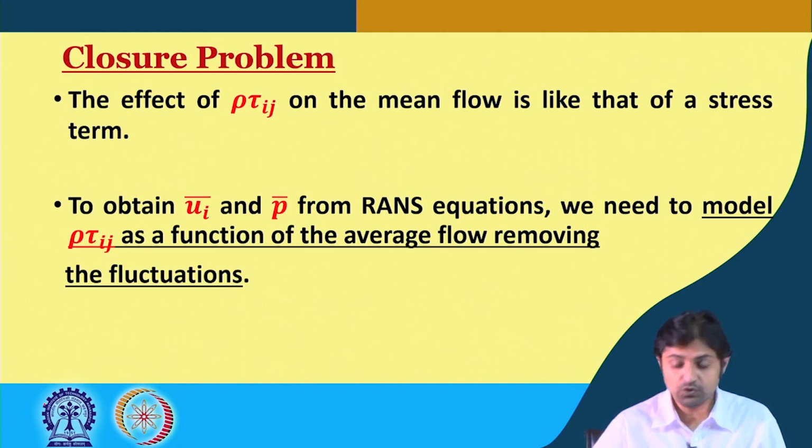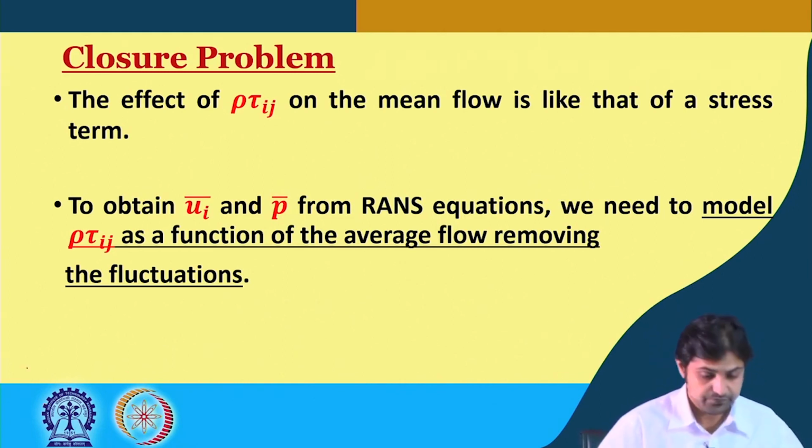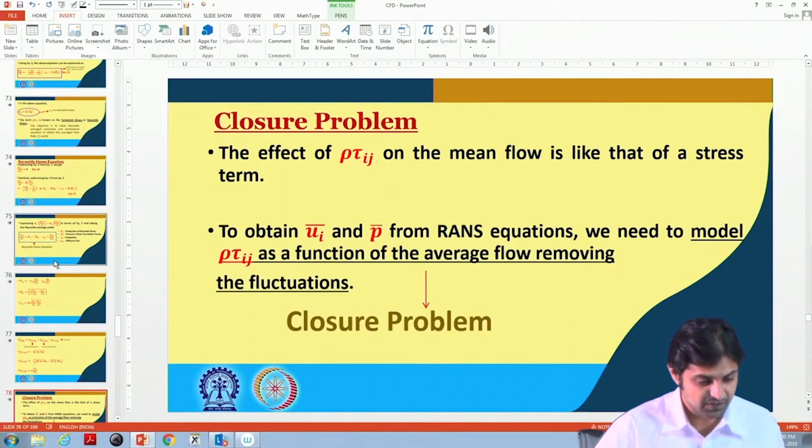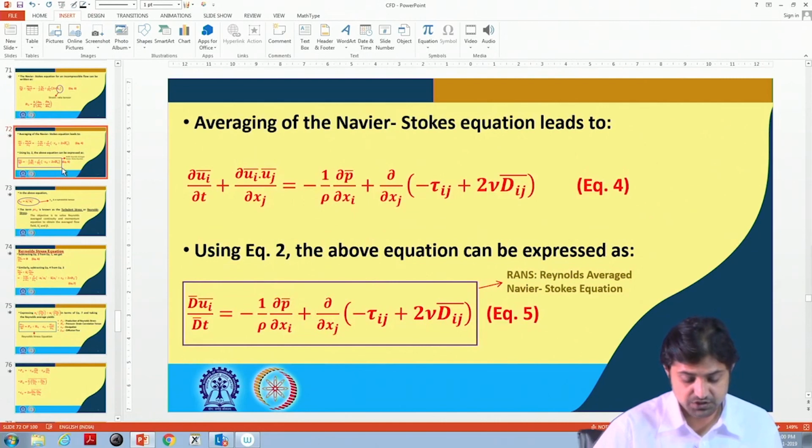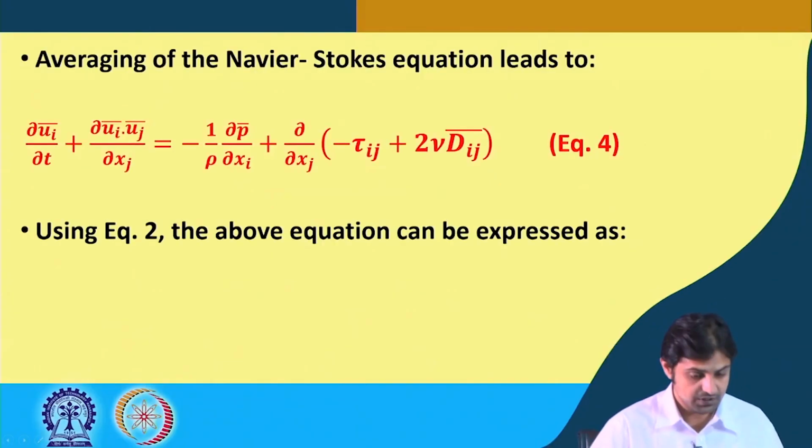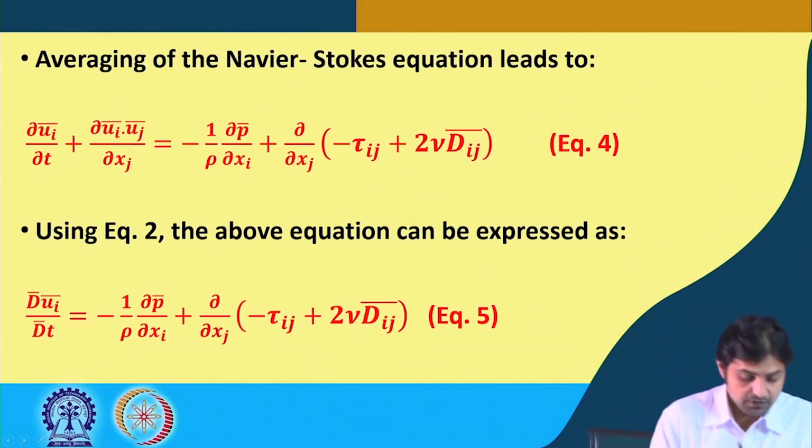So, if you look at the equations, I will take you back to where we have written the Reynolds average. Here you see this particular equation. This is the average quantity that we need to find out.